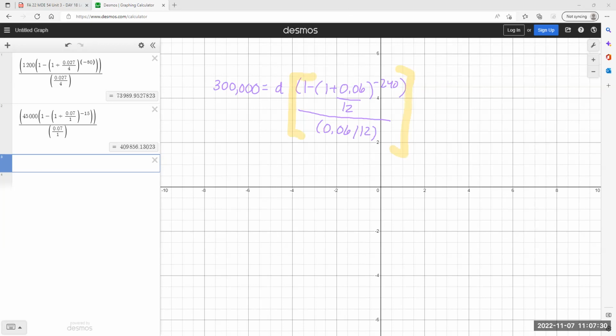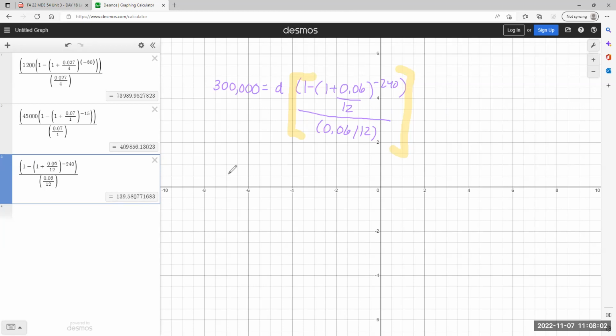And I'm going to put it in exactly how I just wrote it. 1 minus 1 plus 0.06 divided by 12, arrow out to the negative 240, arrow out and close, divided by 0.06, divided by 12. I'm clicking the right arrow, and that's going to give me this number.